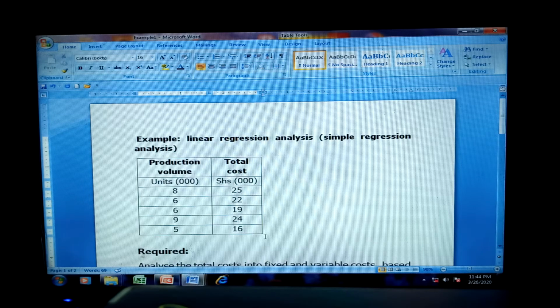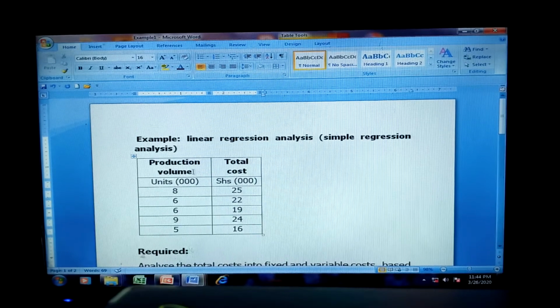Now, a simple regression analysis is simply a regression equation analysis that only contains one independent variable. So we are going to first make an assumption that we have one independent variable in our analysis, and that is simple regression. So simple regression, that is where you have one independent variable.